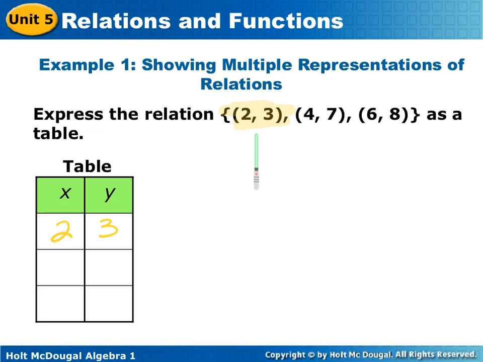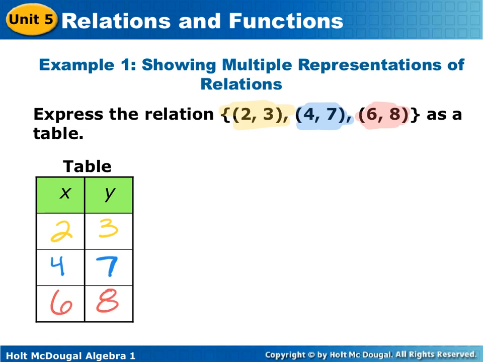The coordinate (2, 3) is saying, hey, x is 2, y is 3. Now, to show you how they all kind of go together, what do you think (4, 7) would look like? It would have a 4 in the x and a 7 in the y. And then the last one, (6, 8), would become 6 and 8.